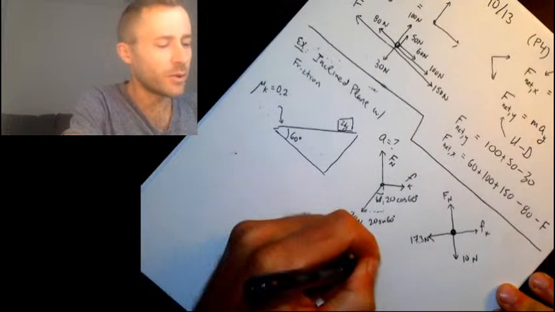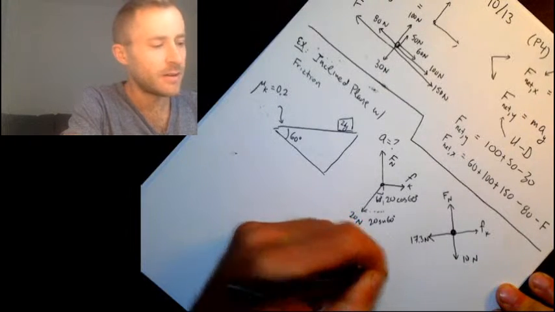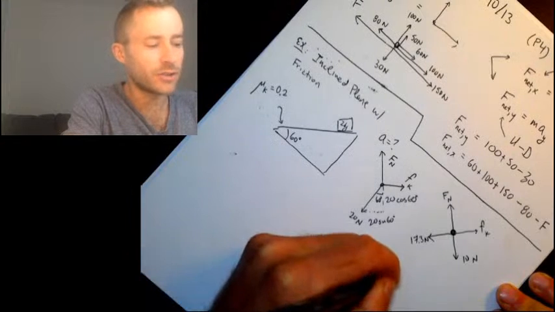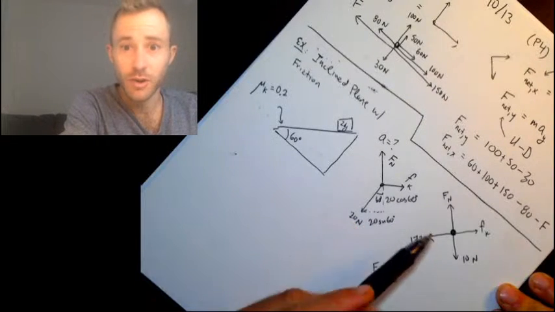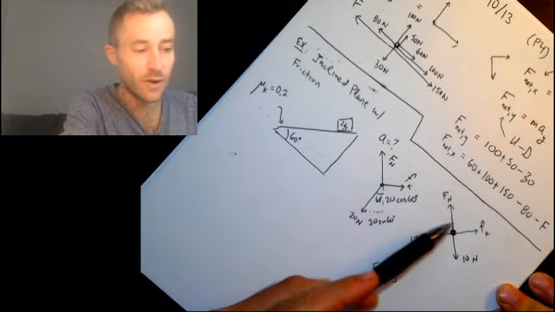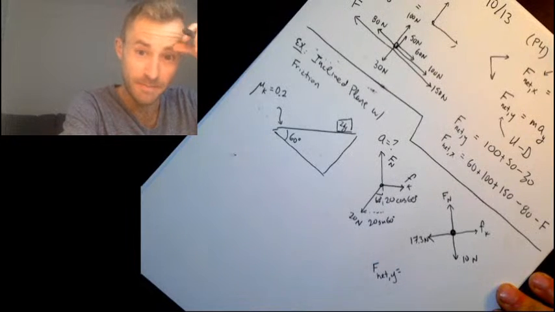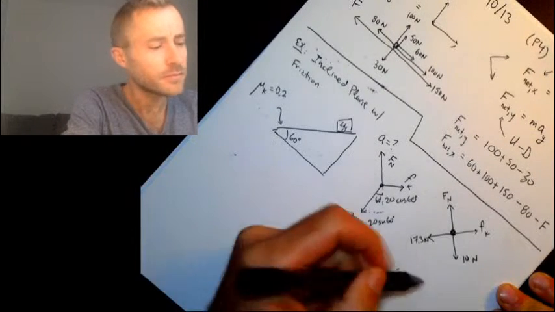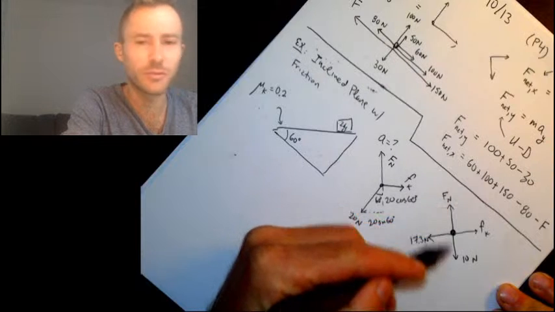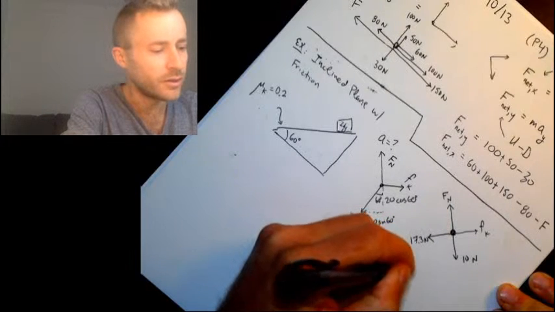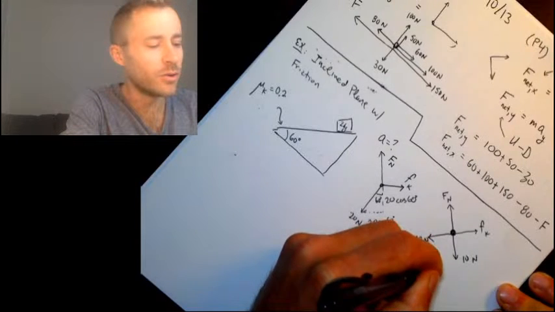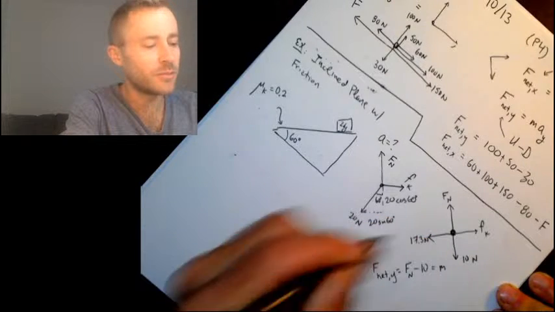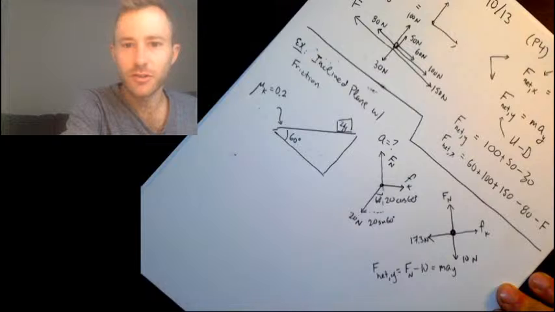So the net force in the y direction is going to be up forces minus down forces. One of these forces is a variable, okay? So we have up forces minus down forces, normal force minus 10, equals mass times the y part of the acceleration.